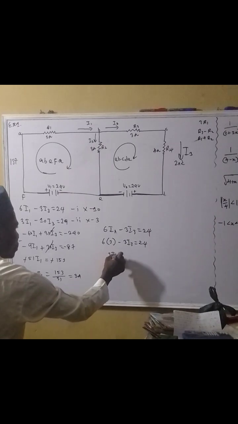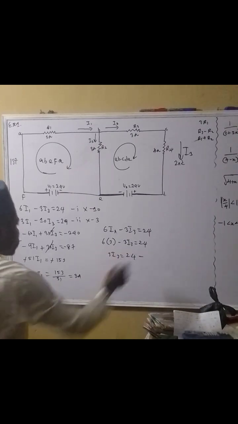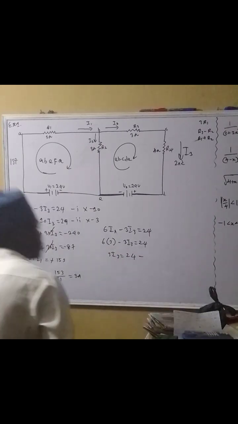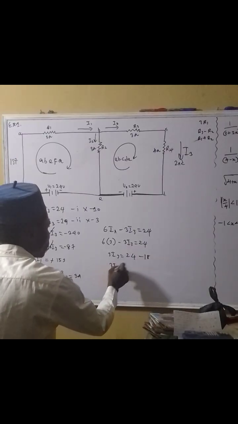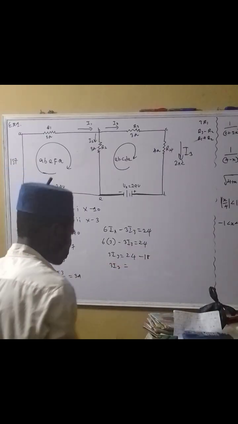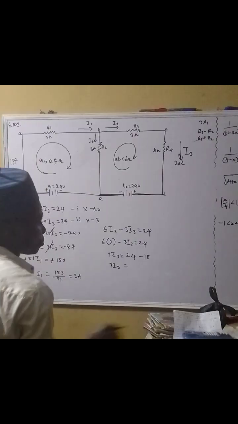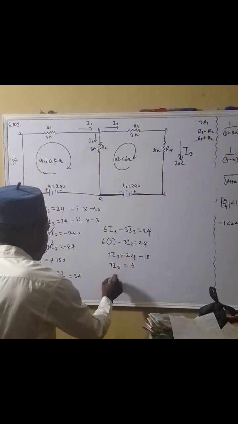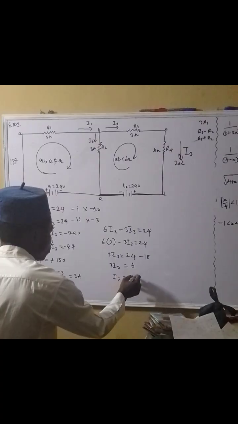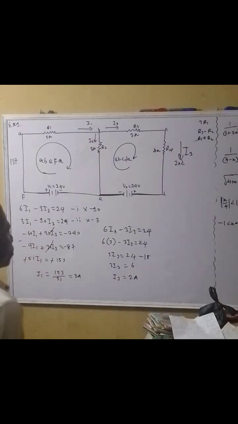So 3I3 will be equal to 24 minus 6 times 3, which gives us 18. So that will be minus 18. Then you have 3I3 being equal to 6. So I3 would be equal to 2 ampere. You get what I'm saying?